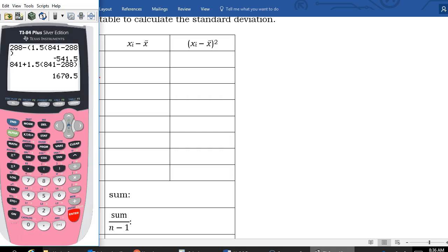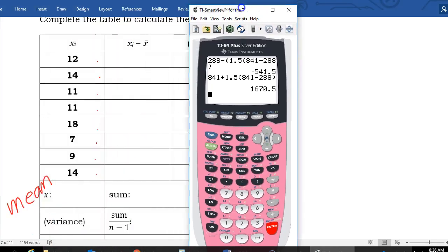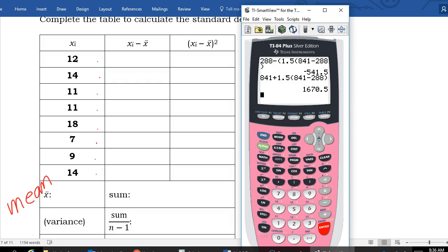Okay, so we have 12 plus 14 plus 11 plus 18, 7, 9, and 14. We're going to take that total and divide it by 8. Our mean is 12.